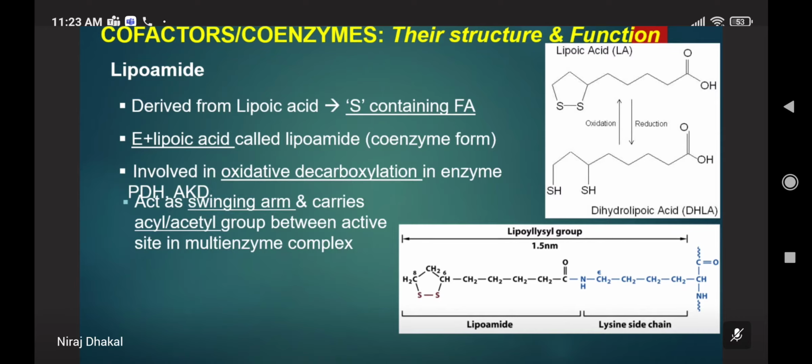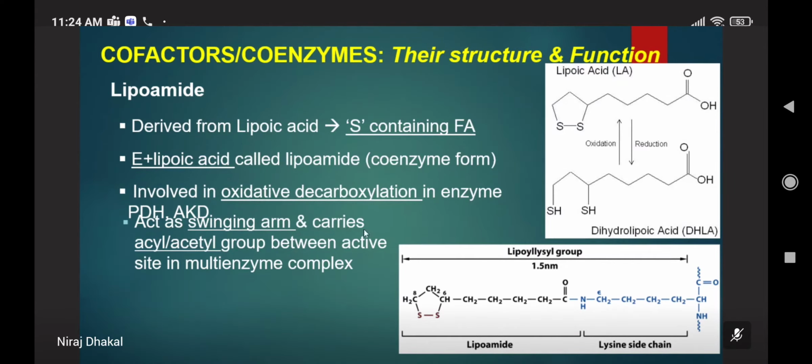It means that whenever a substrate has to be oxidized and at the same time decarboxylated, there is a need for lipoic acid or lipoamide, and it acts as a swinging arm and carries the substrate between active sites in the multi-enzyme complex. A multi-enzyme complex means a single enzyme having multiple catalytic activities.